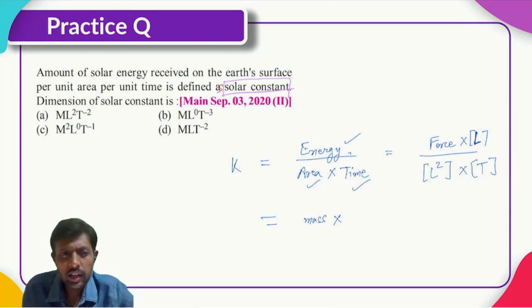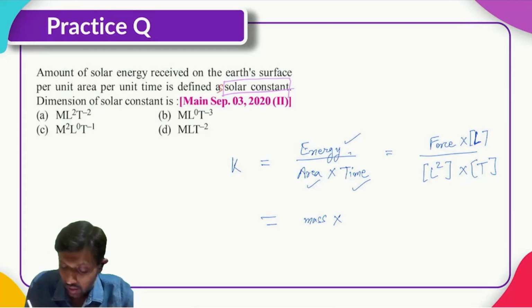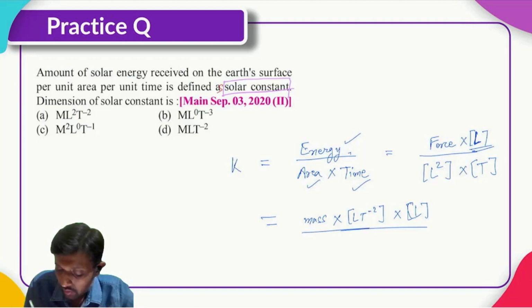Didn't we see the formula for acceleration just a while back? It was LT minus 2. This was the dimensional formula for acceleration. And then this L I'm going to write here once more and all the other things in the denominator. L square here, T here.